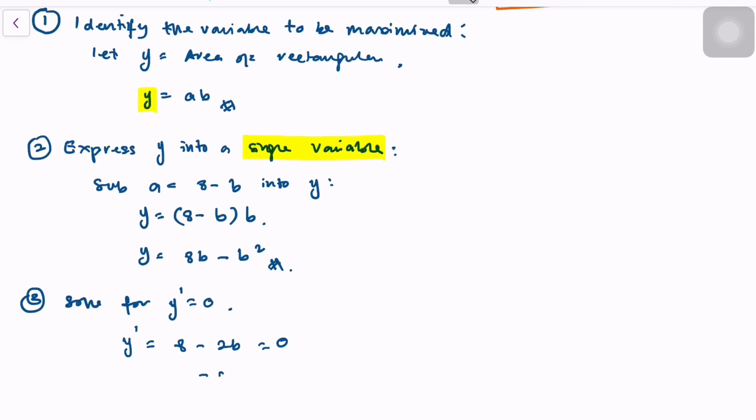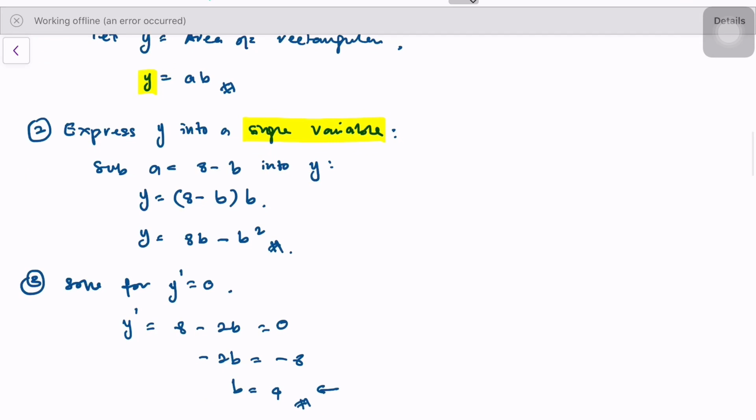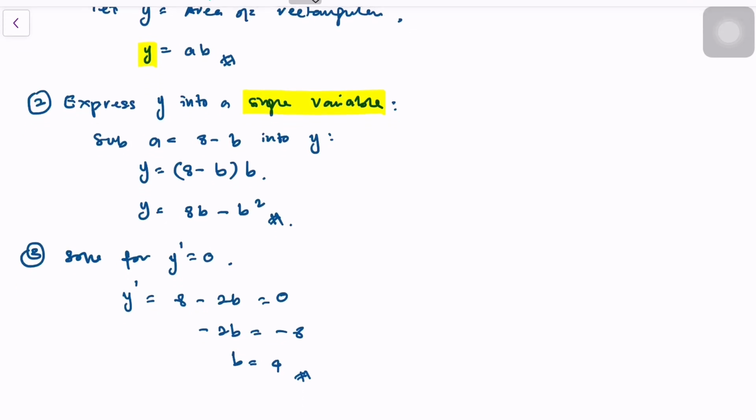Then simplify, try to solve. Therefore we get b is equals to 4. Okay, nilai b is equals to 4. Dan kita nak kena dapatkan the fourth one.